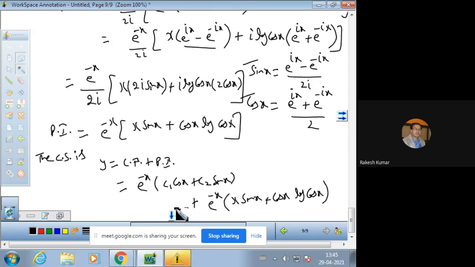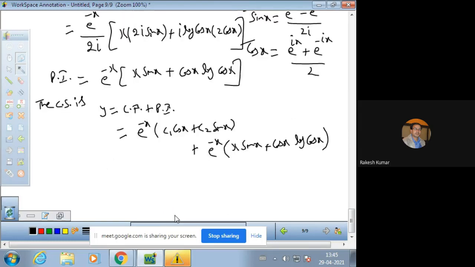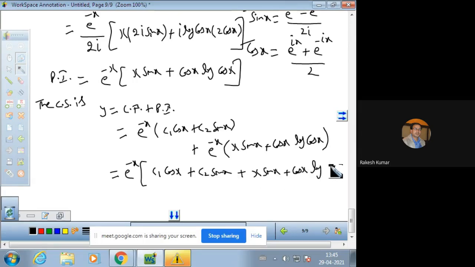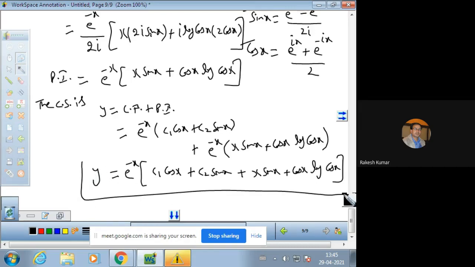And this is the required solution. In the next step, you can take e raised to power minus x common also. So c1 cos of x plus c2 sine of x plus x sine x plus cos of x log cos of x. So this is the complete solution of the given differential equation with constant coefficients.